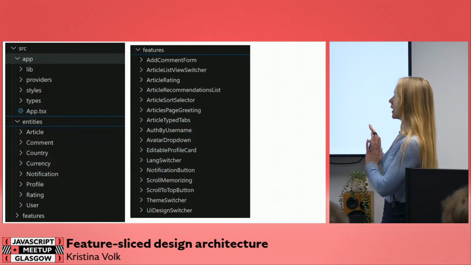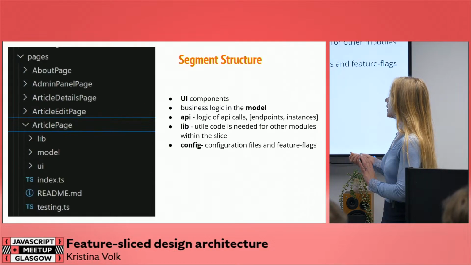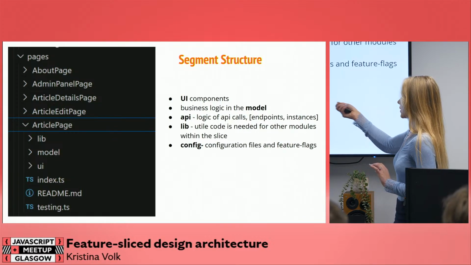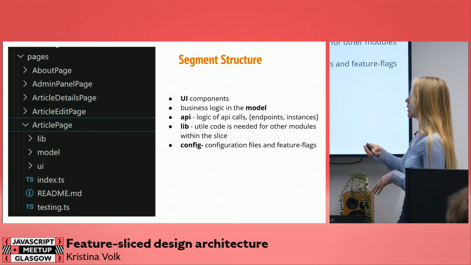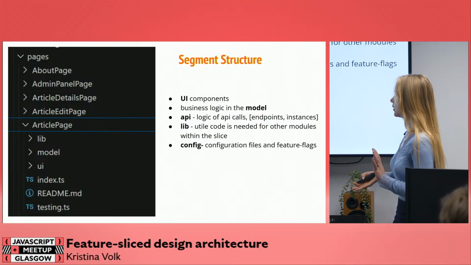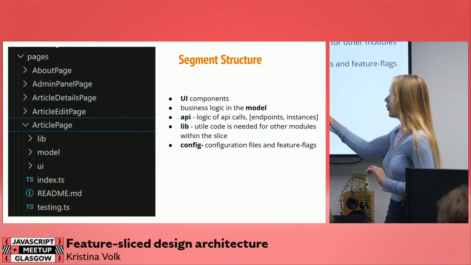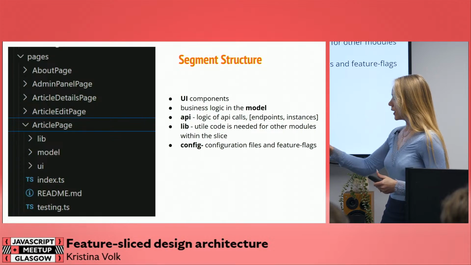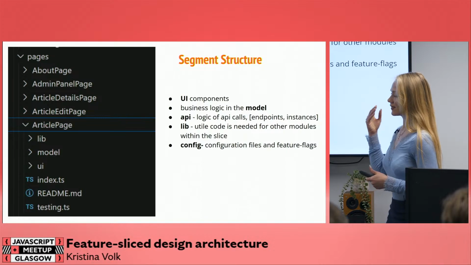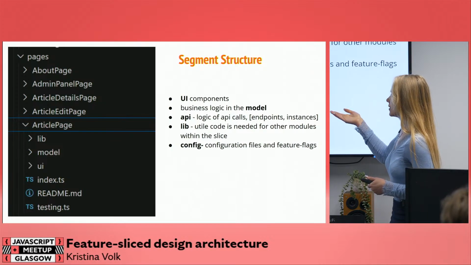So these are our slices, functional pieces, and they all have the same structure. These are our segments. Each module has some kind of view or representational part, so we can store that in UI, and there can be CSS, HTML. Then the logic, what is happening on the page, we can store in model.